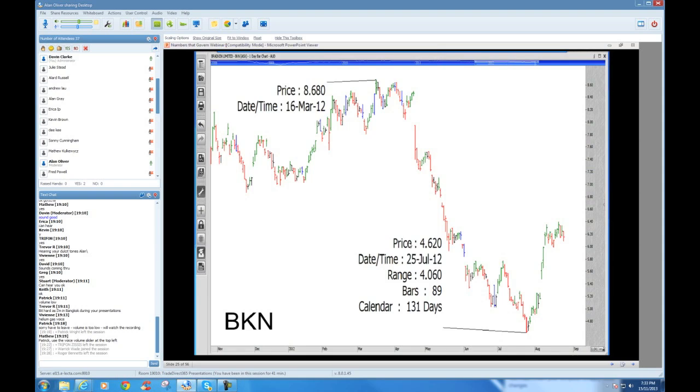Here we have 89 days, and then from a low price of $4.62 at the end of July, by the end of August it's at $6.40. So it's had a fabulous run, and the timing factor that Gann discovered is that the Fibonacci numbers work in time on a chart.